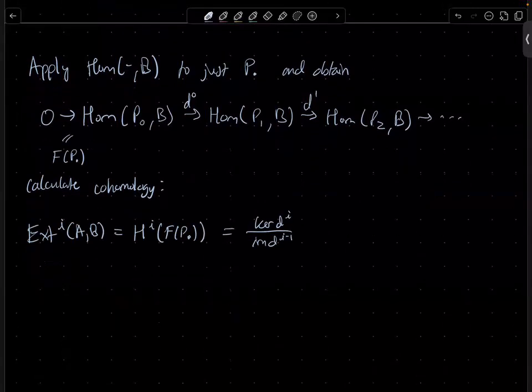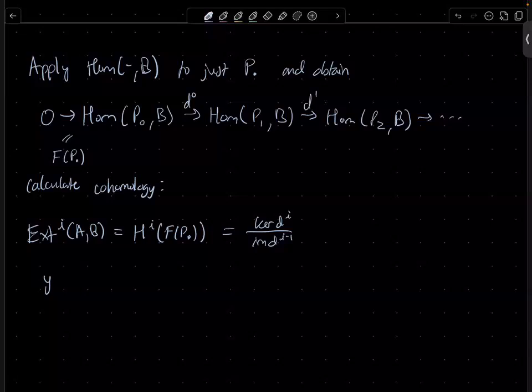And maybe I'm low on time, so you check that x0 AB calculated this way is also still just Hom(A,B). So I mean, it's really weird. Somehow we stumbled across, if you do this process with two different functors, somehow we get the same x groups.